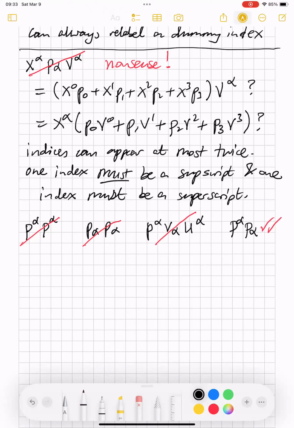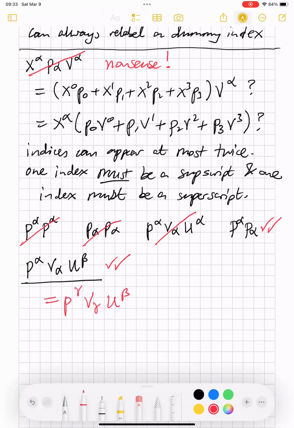Also, this would be well-defined if I had P alpha, V alpha, U beta. So that expression would be perfectly okay. There's one free index, that's beta, and the alpha is a dummy index. So in particular, this would also be equal to P gamma, V gamma, U beta. This would be true as a tensor equation.